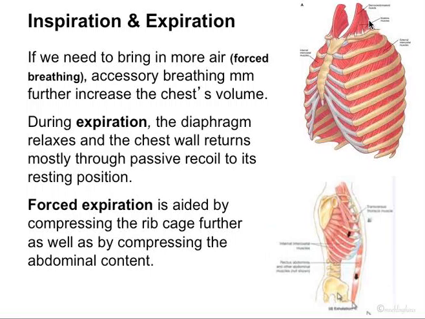When you expire, we simply relax the diaphragm and the chest wall returns mostly through passive recoil to the resting position. We can forcefully expire, and we aid that by compressing the rib cage further because we've got internal intercostals that push the rib cage downward, but we also can compress the abdominal content and further decrease the chest wall anterior to posterior, A to P. So we can do that.